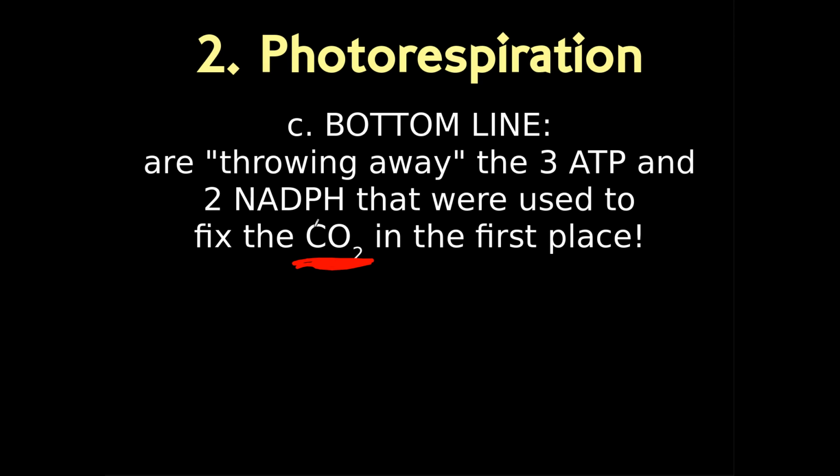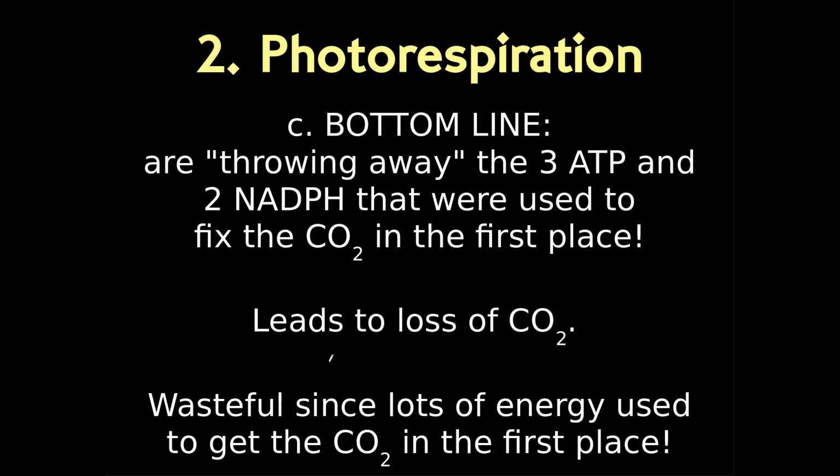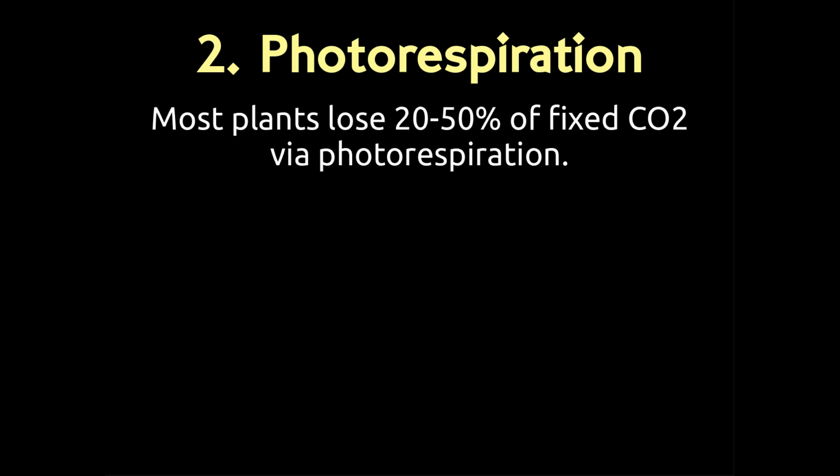We used these 3 ATP and these 2 NADPH to fix the CO2 that we lost, and now we just lost that. We're losing the carbon dioxide, and so this is just really a waste because we're losing lots of energy that we used to get that carbon dioxide in the first place.